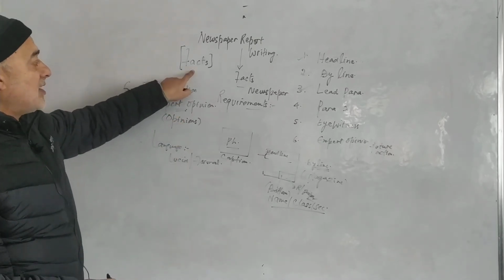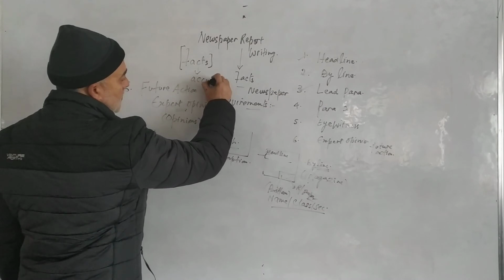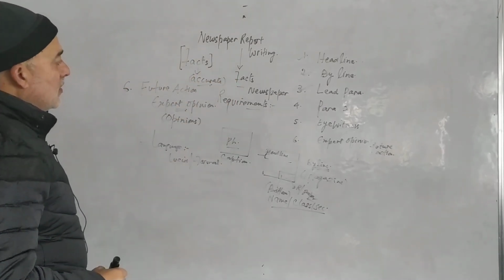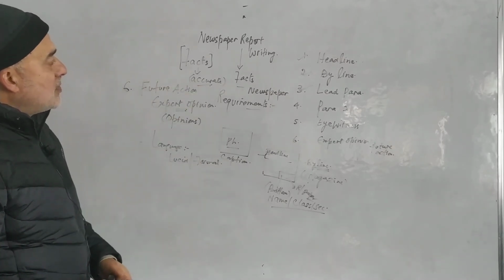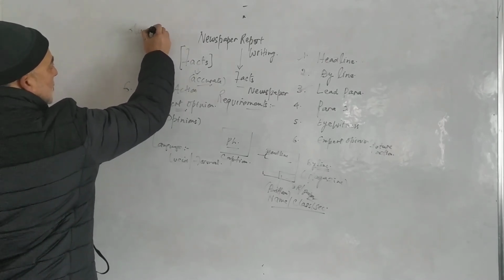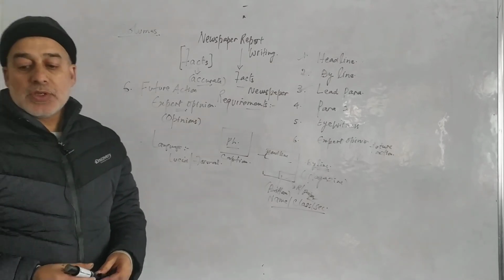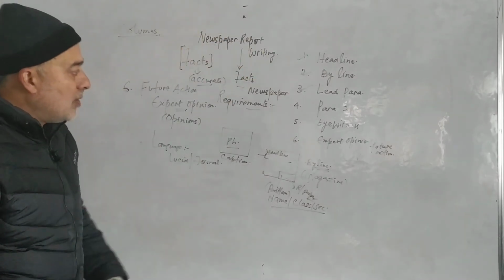It is based on facts. So your facts must be accurate. And in case of newspaper report, it is written in columns. Remember, newspaper report is written in columns. It is not written in rows, it is written in columns.